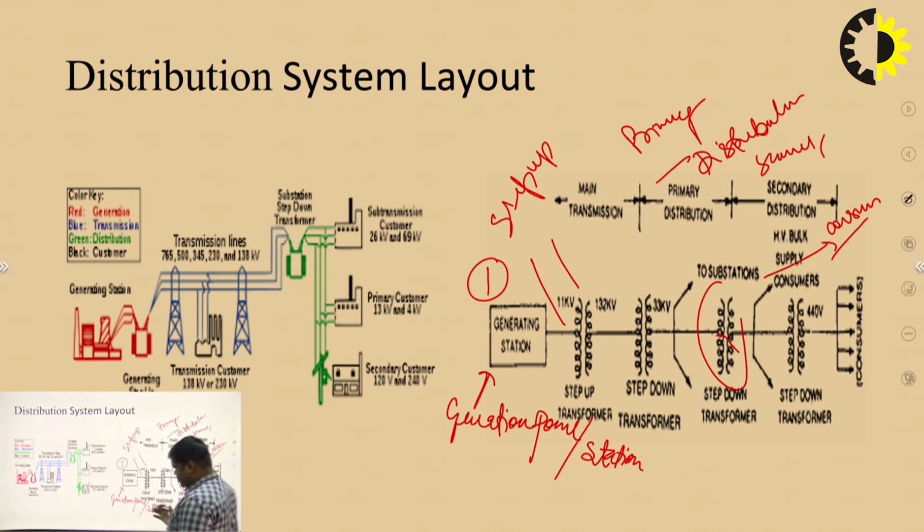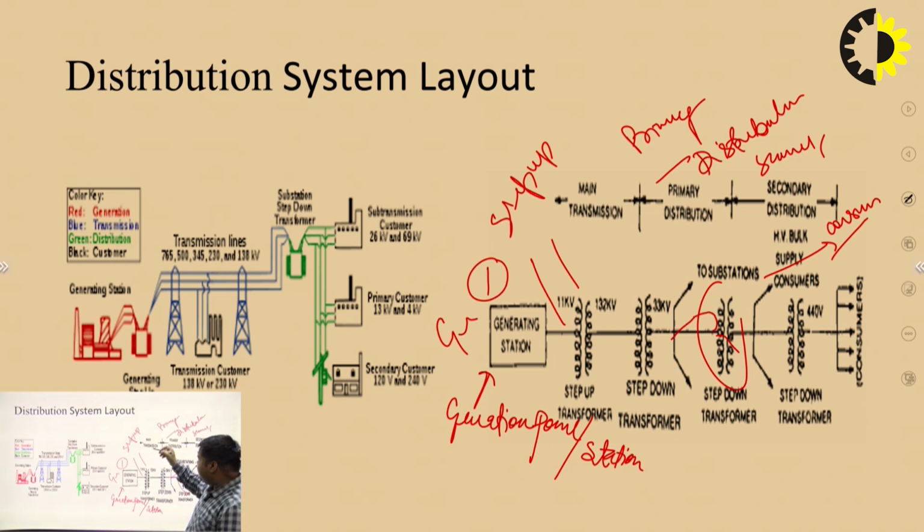We can see how the power is transmitted from one hand to the other. First we have seen this is the generating station, so this is the generation point, and this is the transmission part.